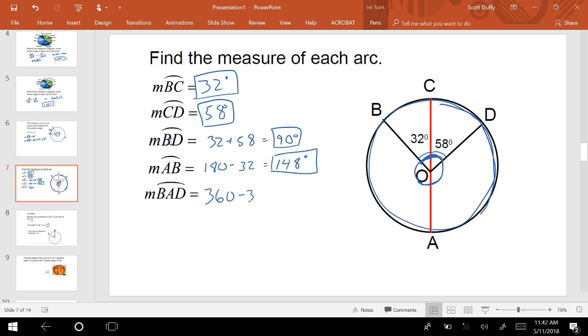So I'm going to subtract 32 and subtract 58. And I get 270 degrees.